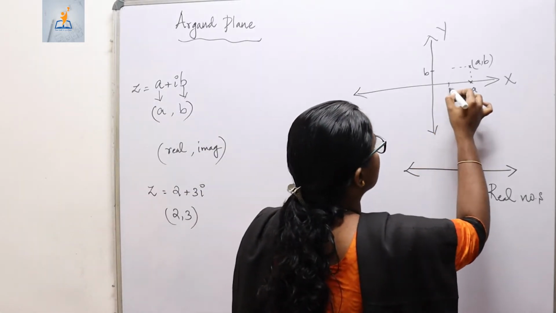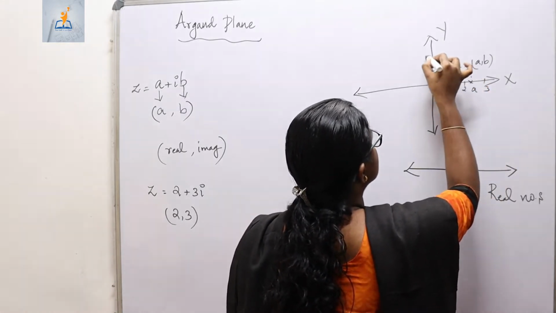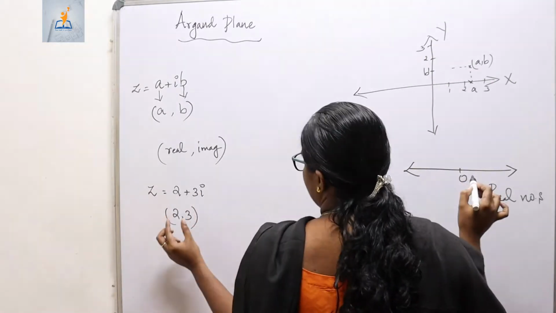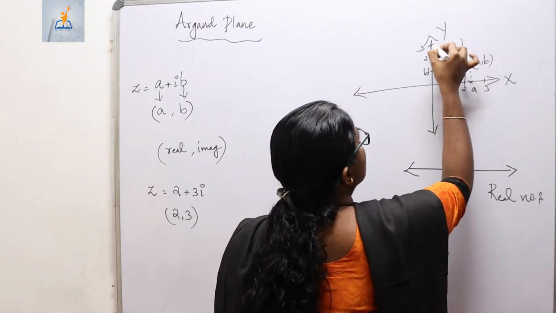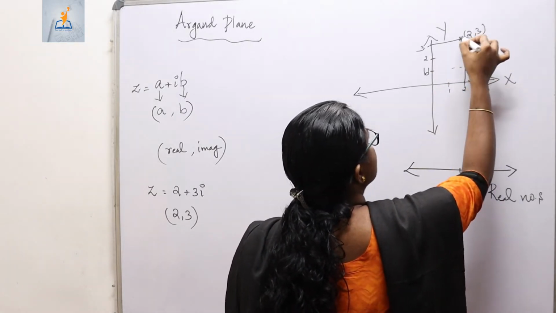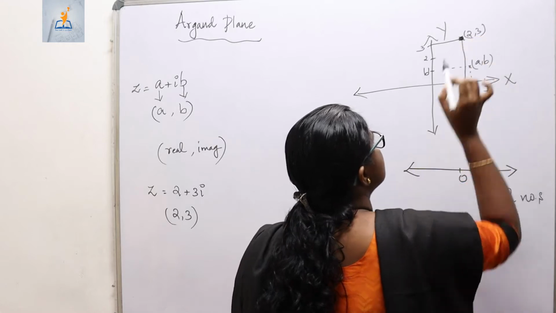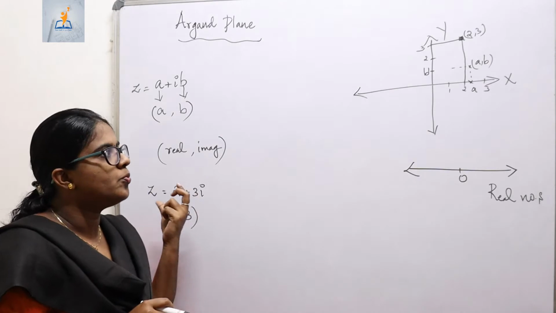If this is 1, 2 and 3, this is 1, 2 and 3, then 2 comma 3 is the intersection of these two lines. So this is 2 comma 3, and this particular point is the geometrical representation of the complex number 2 plus 3i.